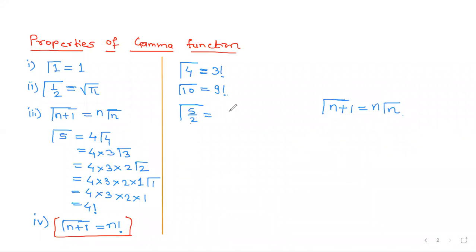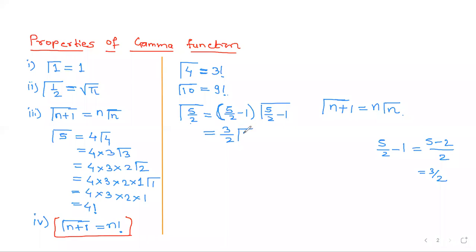So gamma 5/2 means 5/2 minus 1, मतलब एक एक नंबर कम करके लिखना है. 5/2 minus 1 and same number in gamma. So 5/2 minus 1, that means LCM is 2. So 5 minus 2, that is equal to 3/2. So this is actually 3/2 and gamma 3/2.